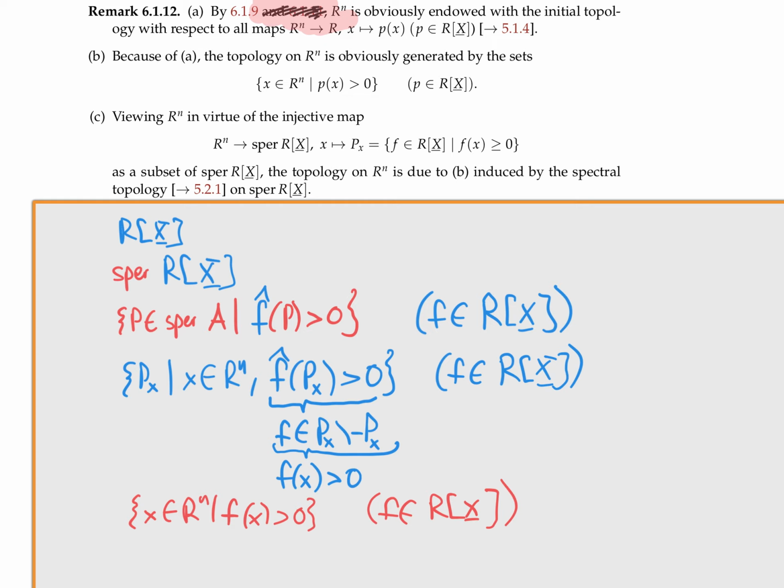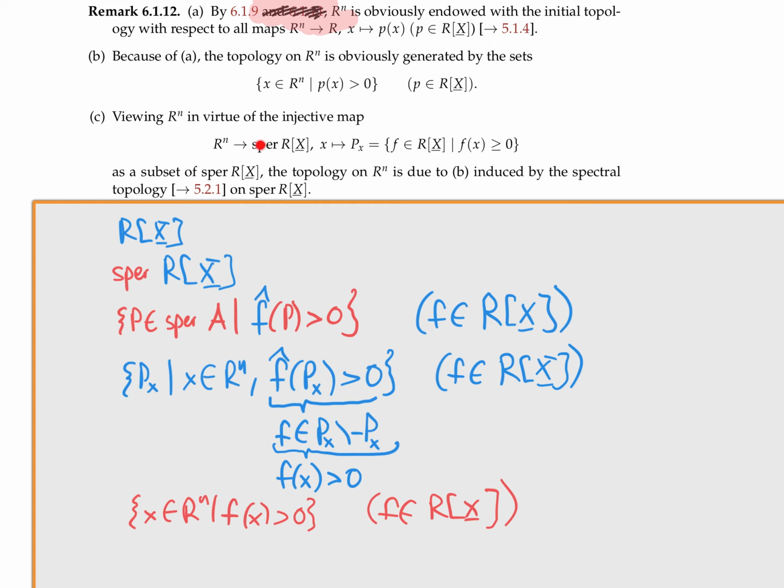subset. Actually, if you go back to 363, you see that we did this already. But now it's a topological subspace, right? So in 363, we had no topology, neither on R2n, neither on the real spectrum of a commutative ring. But now we have topologies on both of them.